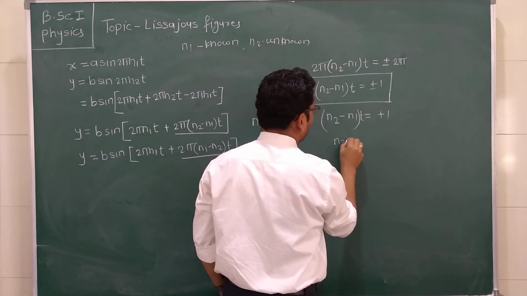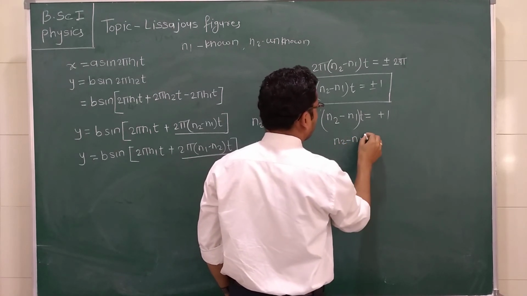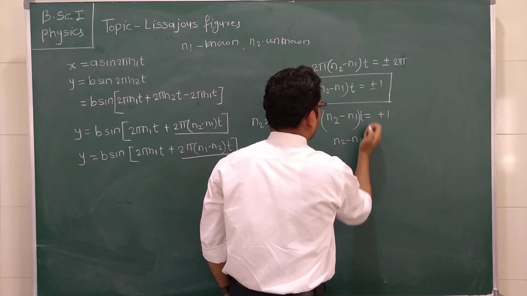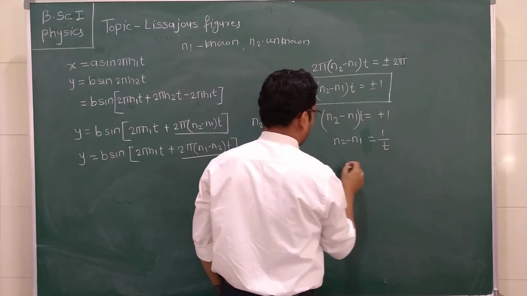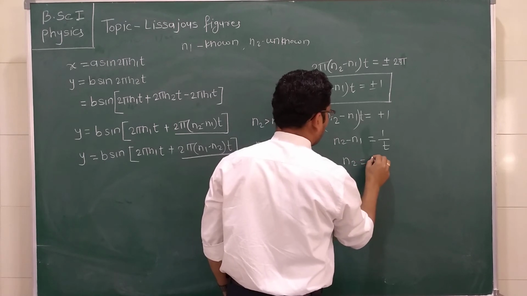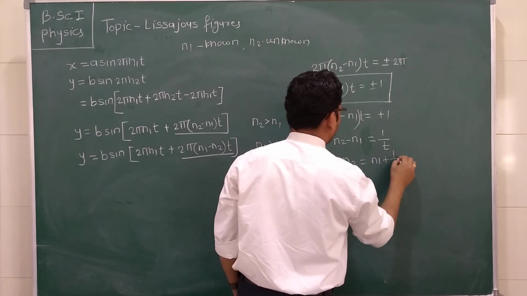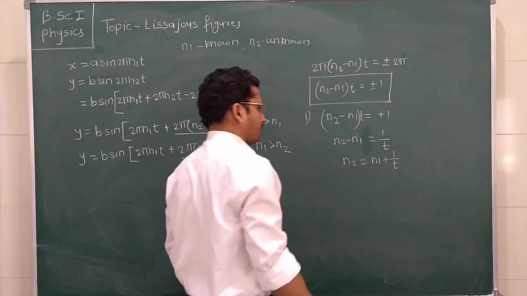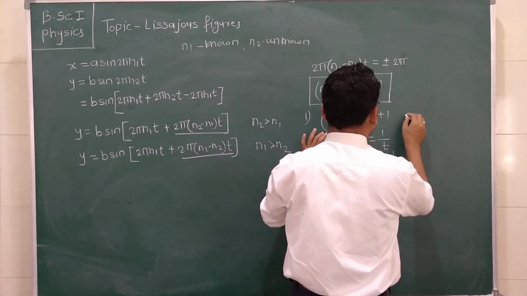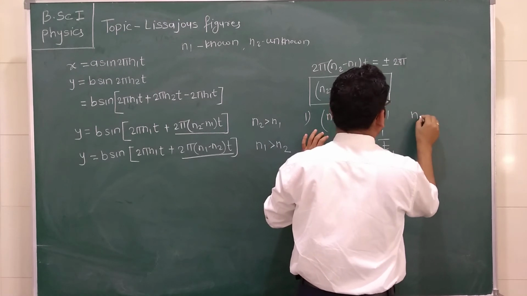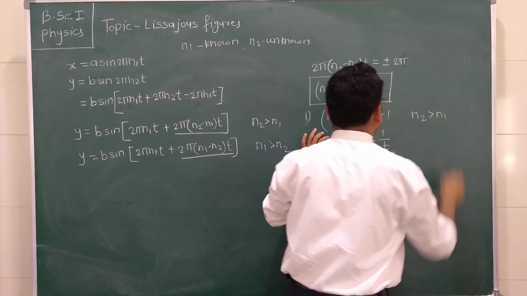So n2 minus n1 is equal to 1 divided by t, or we can write n2 is equal to n1 plus 1 by t. When this condition takes place, n2 is greater than n1.